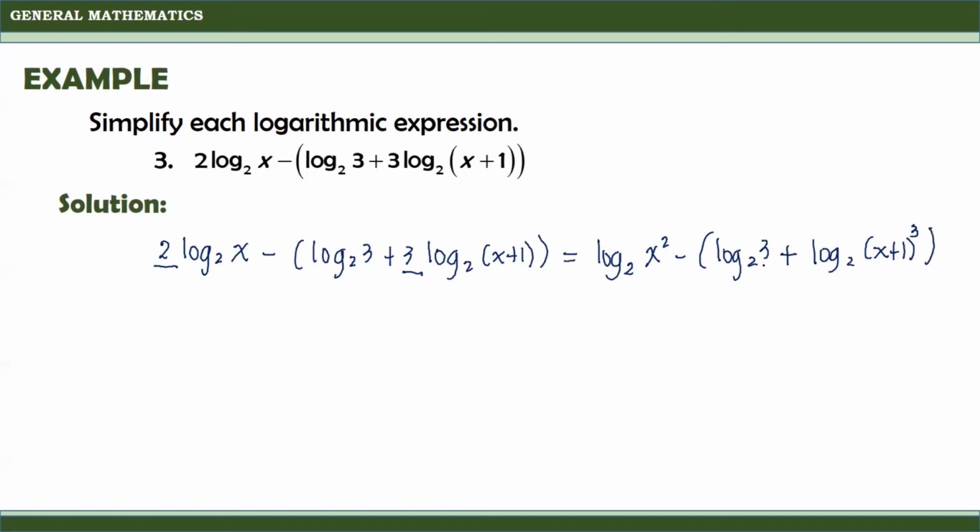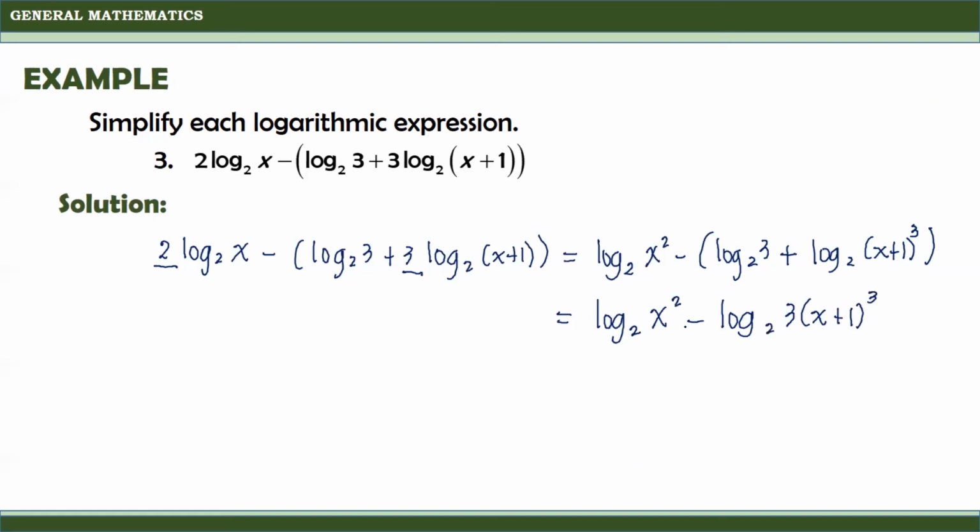Then, applying property number 1, since this is addition, we simply need to multiply 3 and x plus 1 quantity cubed. So we will have logarithm of x squared to the base 2 minus the logarithm of 3 times x plus 1 quantity cubed to the base 2.